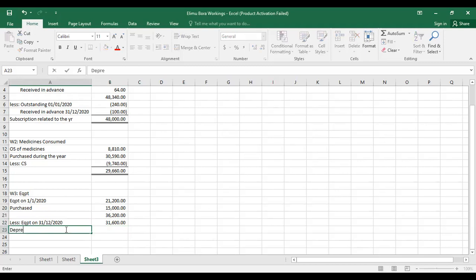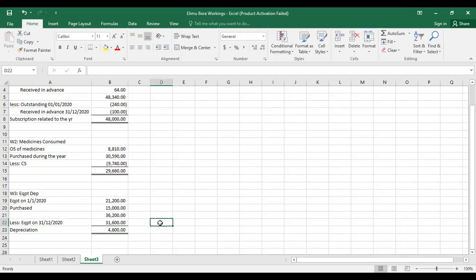So equipment depreciation will be equal to 36,200 minus that. So this is the depreciation for the equipment in the year ending 31st December 2020.